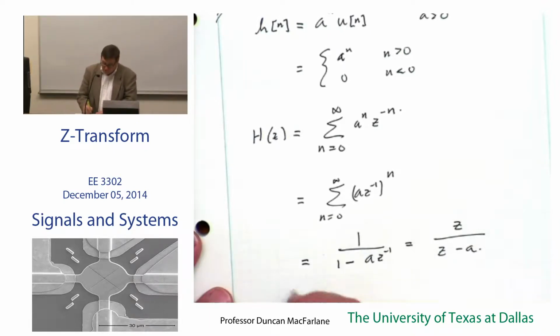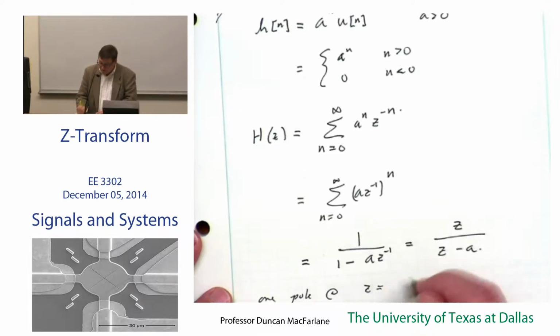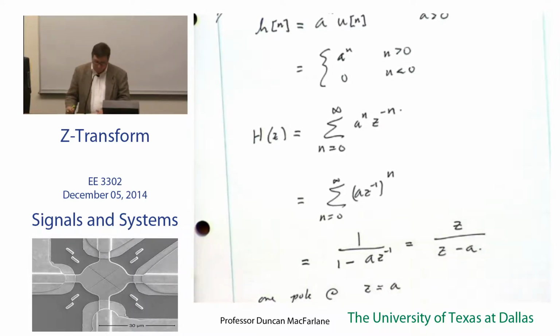So I can say that there is one pole at z equals a, and there's one zero at z equals 0.